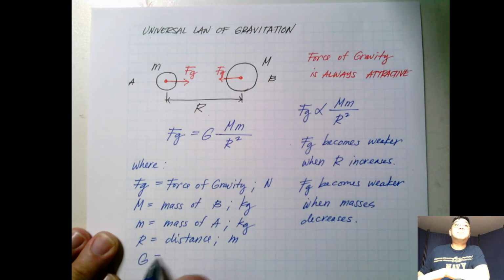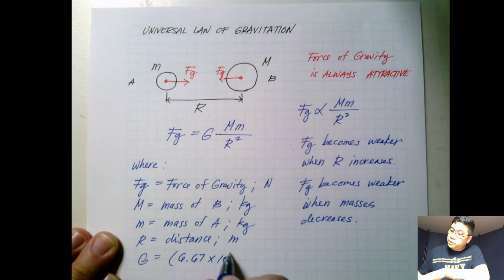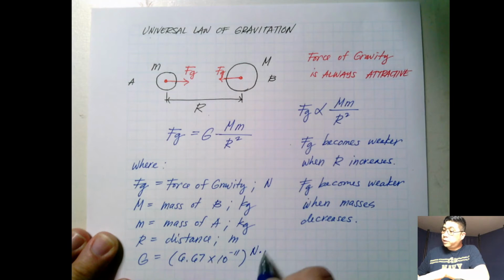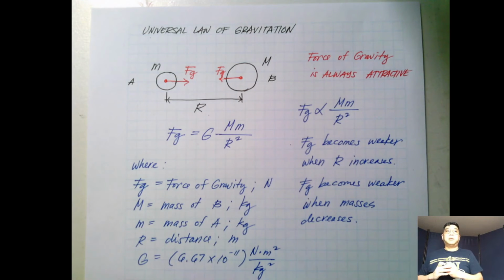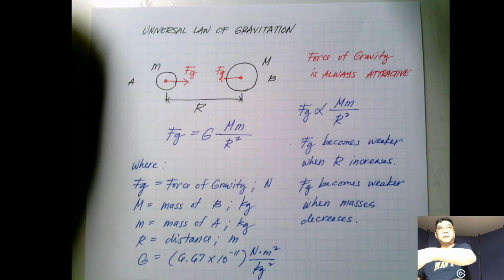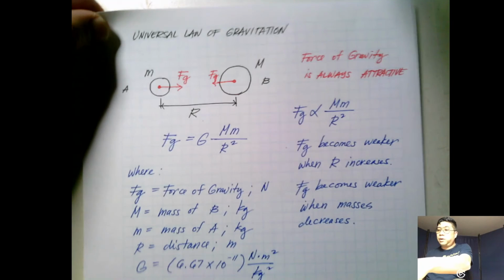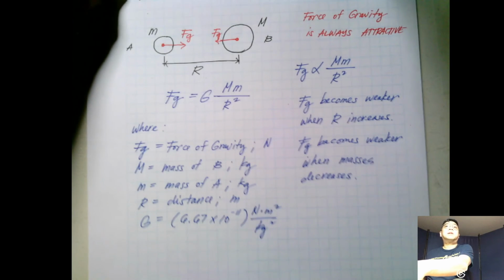The last value we must remember is G, which is 6.67 times 10 to the negative 11, in newton meters squared over kilograms squared.